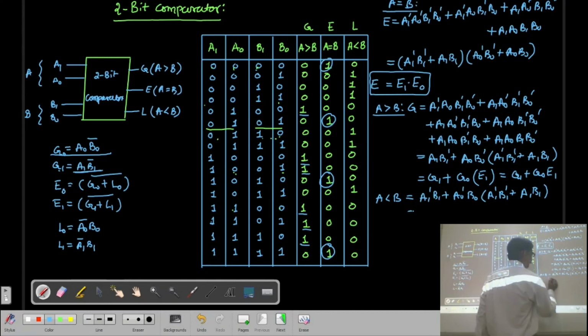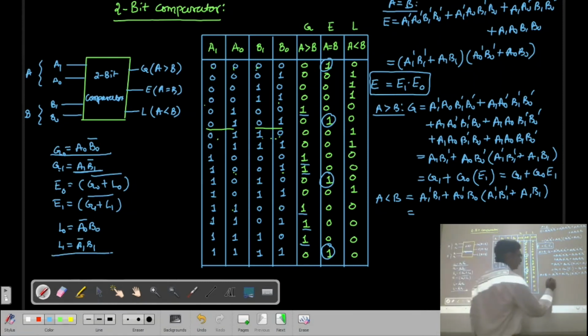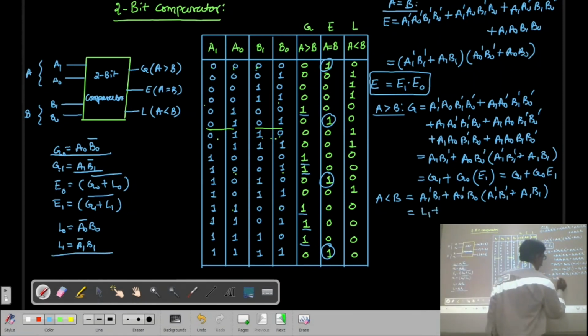A1' B1 is representing L1, A0' B0 is representing L0, and this is nothing but E1.